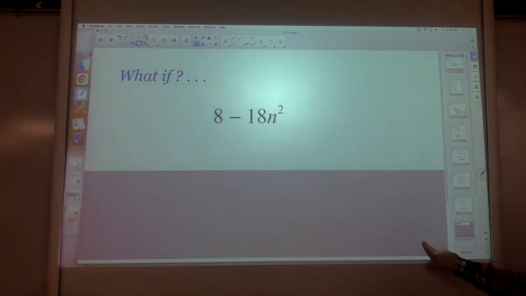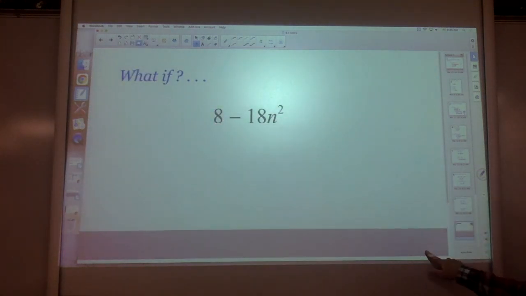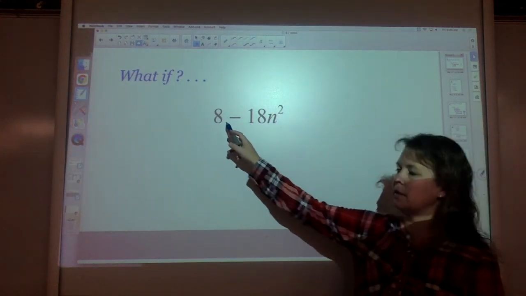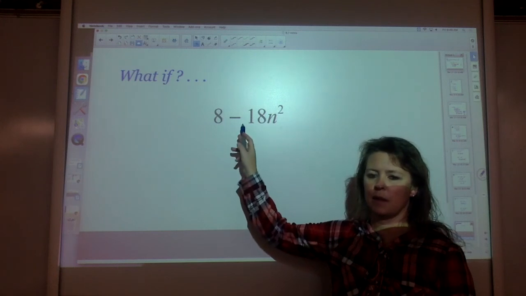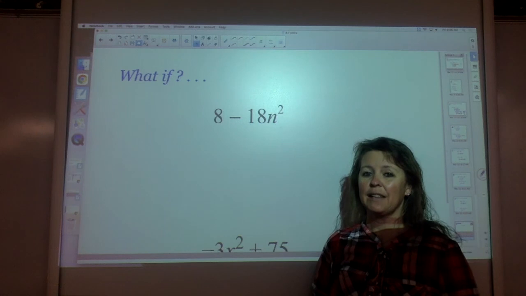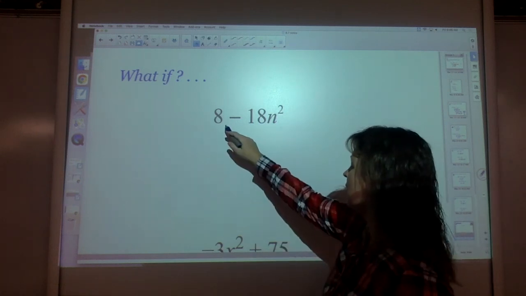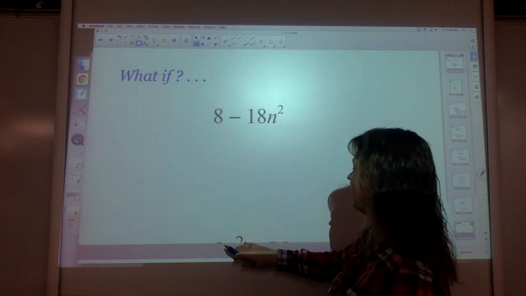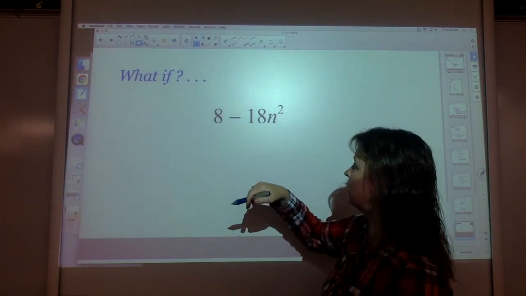There is a what if. I'm just giving you one what if. What if this happens? This is not a perfect square. This is not a perfect square. So you're like, oh, that's not factorable. Yeah, it is. You might think they're not factorable, but 8 and 18 have a greatest common factor.